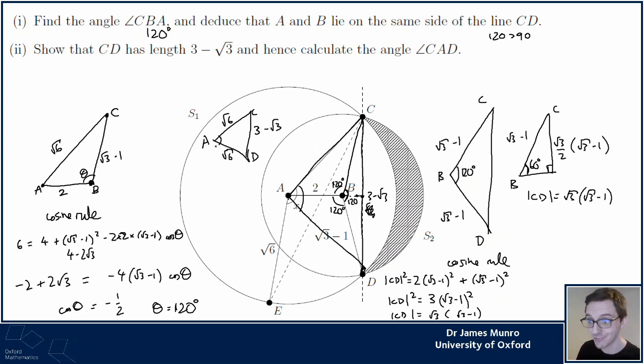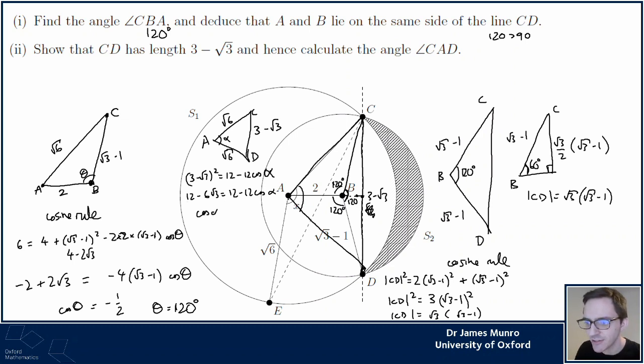Here we go with the cosine rule one more time. (3 minus root 3) squared is going to be 6 plus 6, which is 12, minus 2bc, which is 12 cos of the angle. What am I going to call this one? I'm going to call this one alpha. Working my way through the Greek alphabet in a random order. So that's going to be 9 plus 3, which is 12, minus 6 root 3, equals 12 minus 12 cos alpha. Goodness me. 12 on both sides, that's good.